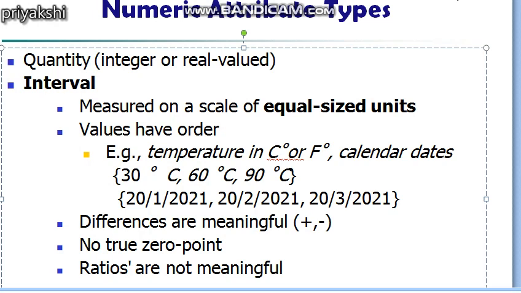So first we will discuss the interval attribute. Interval scale attributes are numeric attributes that satisfy all the criteria of the ordinal attribute. If you remember, in the ordinal attribute we can compare values and there is an order which is meaningful.